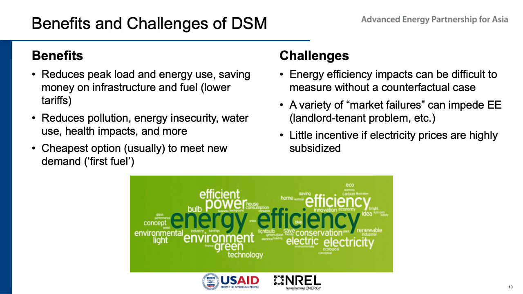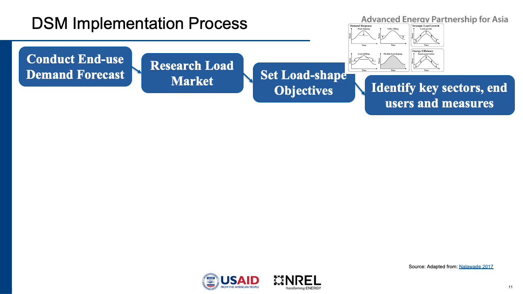Okay, now let's look at some of the steps involved in the DSM implementation process. We begin with an end-use demand forecast of load, and this is focused on using bottom-up forecasting and not top-down approaches.